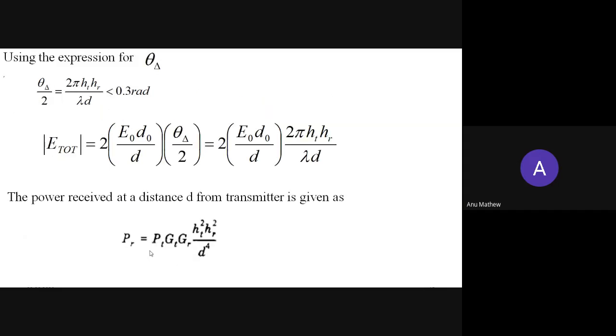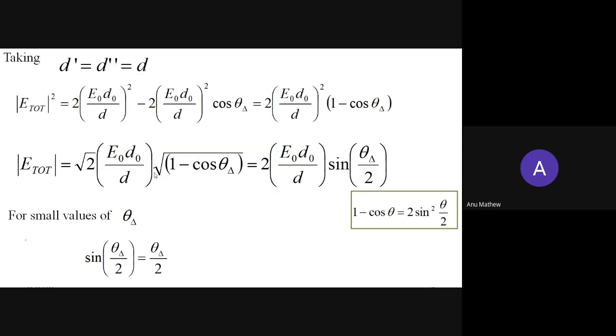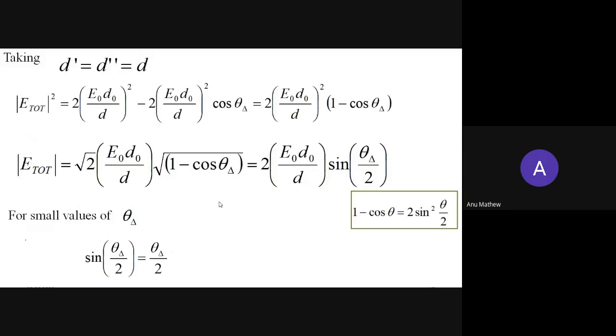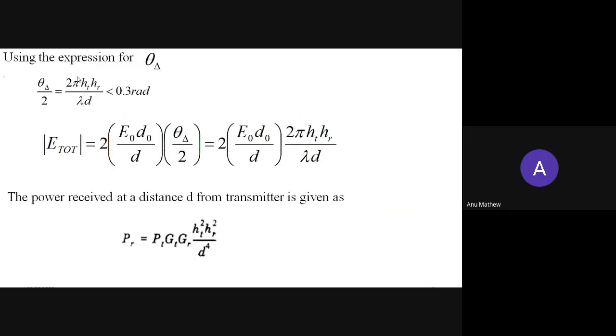Using the expression for theta delta that we have already written here, 2 pi delta by lambda, or omega c delta by c, we can write theta delta by 2 equal to 2 pi ht hr divided by lambda d. So that is less than 0.3 radians. The value of theta delta by 2 will be less than 0.3 radians.